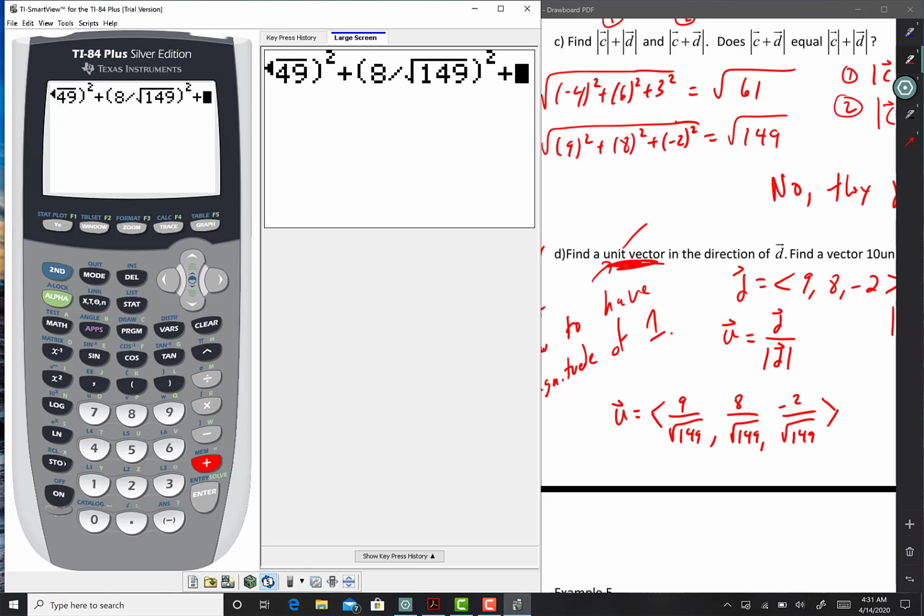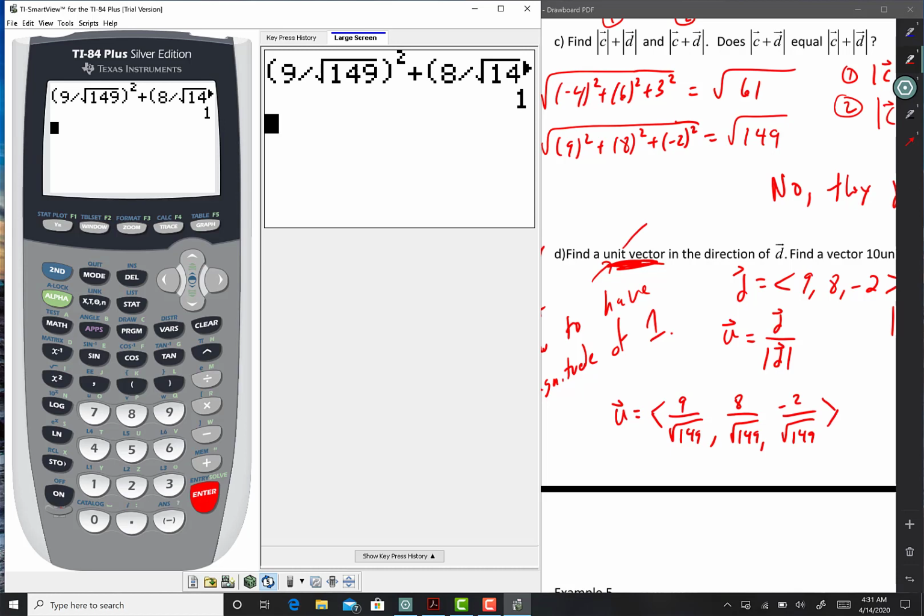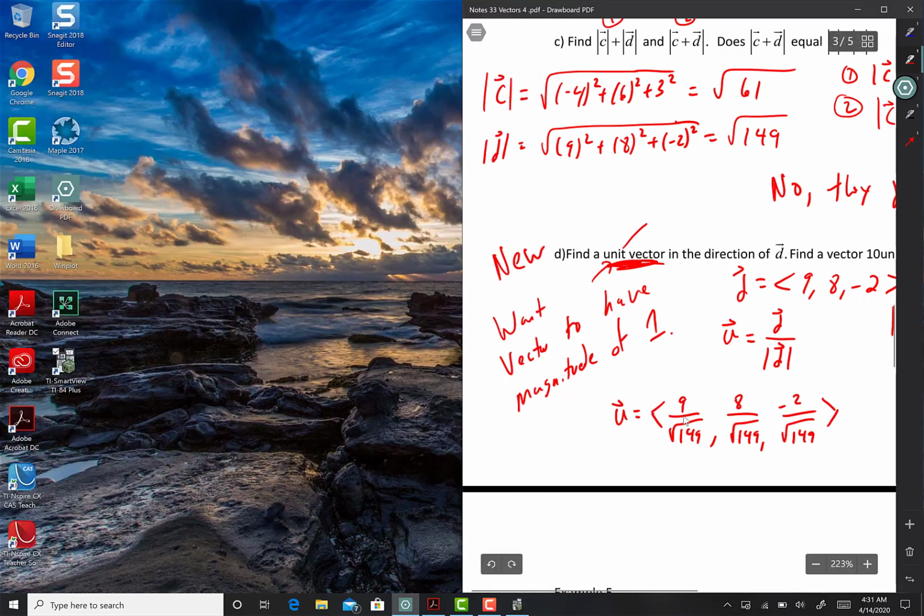Plus negative 2 divided by square root of 149, squared. So if I did everything correct, when I push enter, I better get 1. If I don't get a 1, it's going to be an epic fail. There it is, guys. So I got my magnitude of 1. Man, isn't math beautiful? So there's my unit vector. Now what do they want me to do?